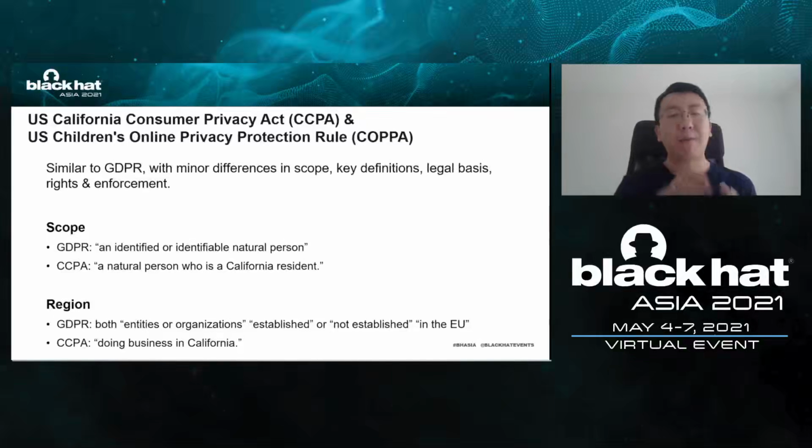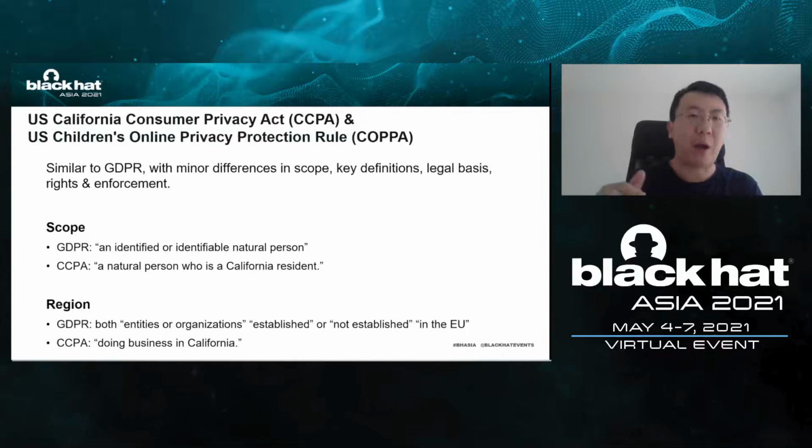So I just have a very quick summary, not summary, but introduction, on the difference between GDPR and other regulations. Mostly the principles are generally applicable, but there are some minor differences, especially on the scope and application region of those regulations. For example, here I list the scope and region difference between US CCPA and European Union GDPR.